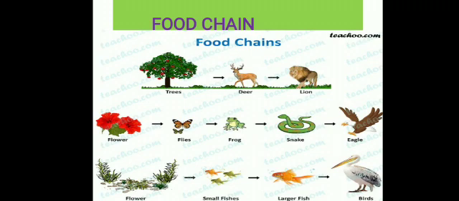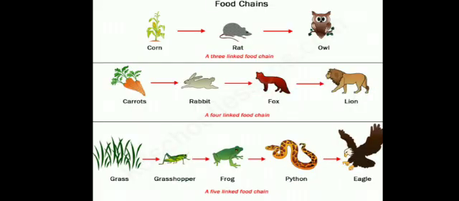Okay, so this is all about food chain. You can see in the next picture also grass, grasshopper, frog, python, python means snake, and then finally eagle.